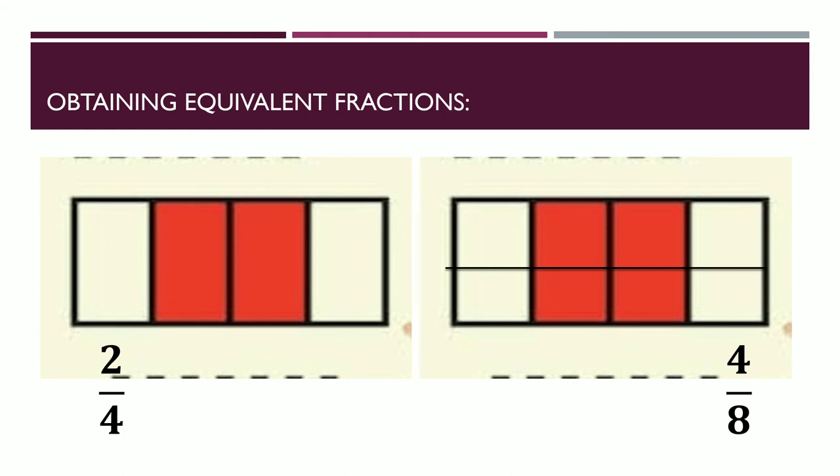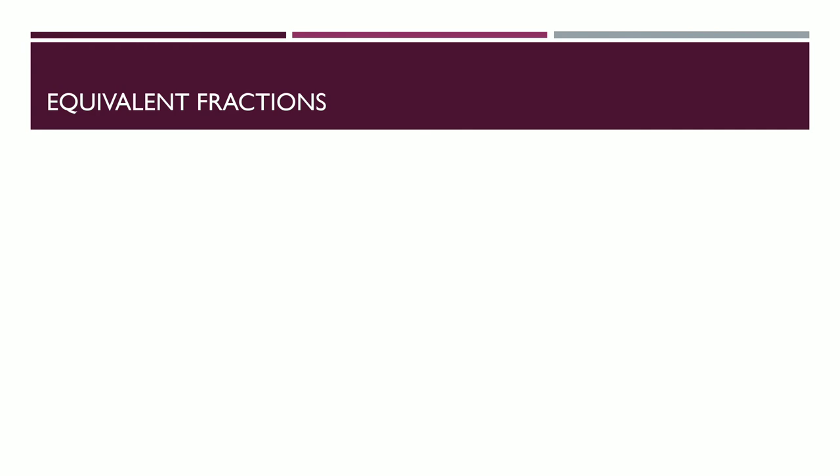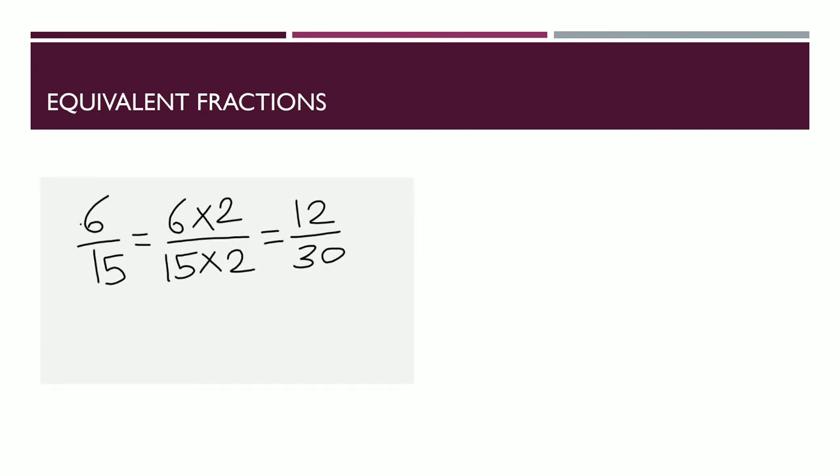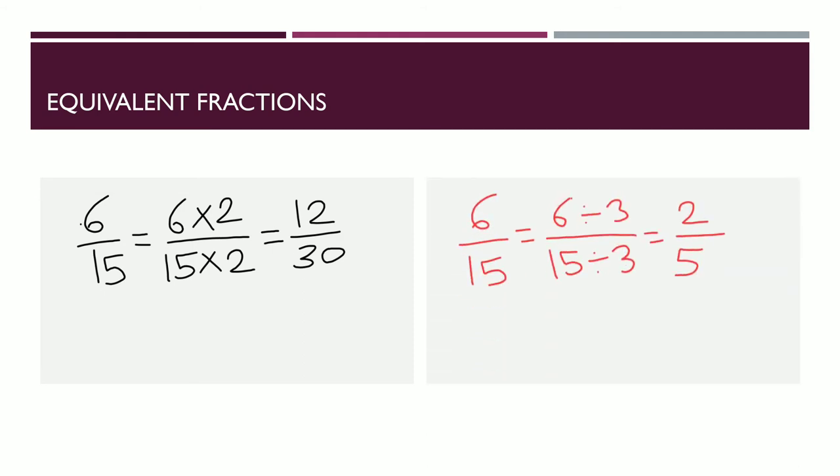How to obtain equivalent fraction? By multiplying the same number and by dividing the same number to its numerator and denominator, we get equivalent fraction. Here is an example, 6 upon 15.